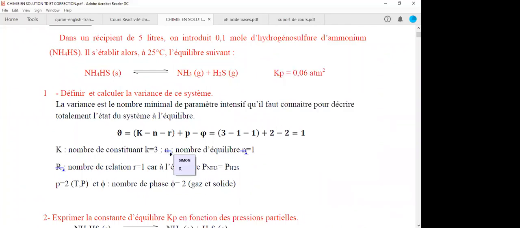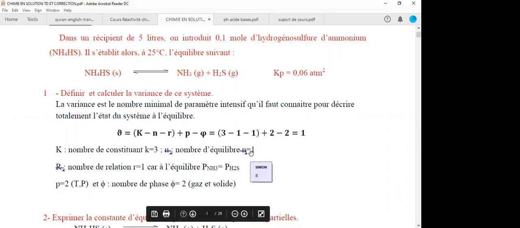So this is R, nombre d'équilibre or nombre de réaction. We only have one equilibrium here, so that's why we have one.